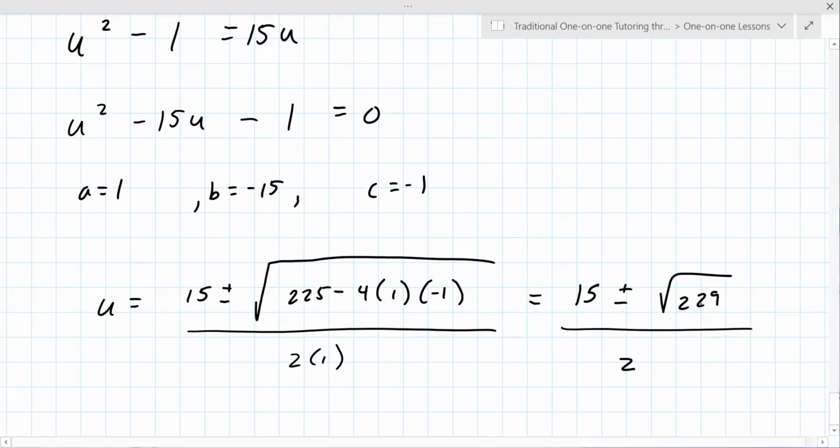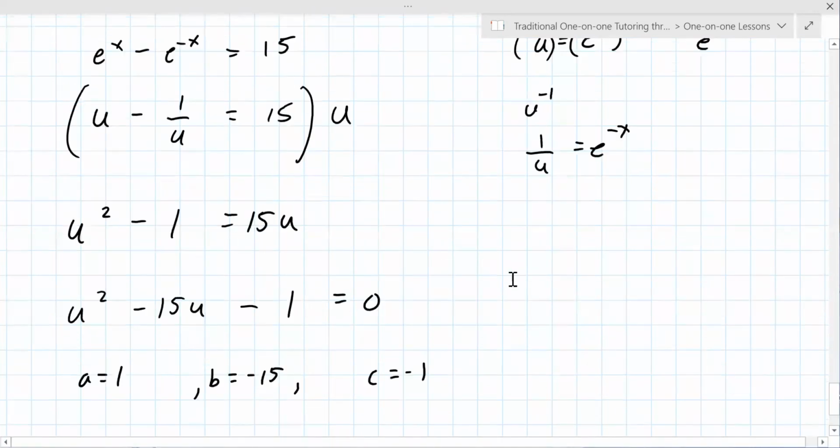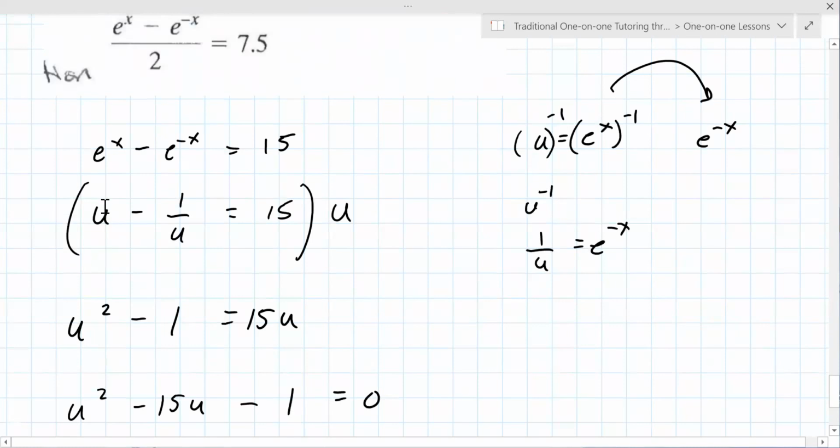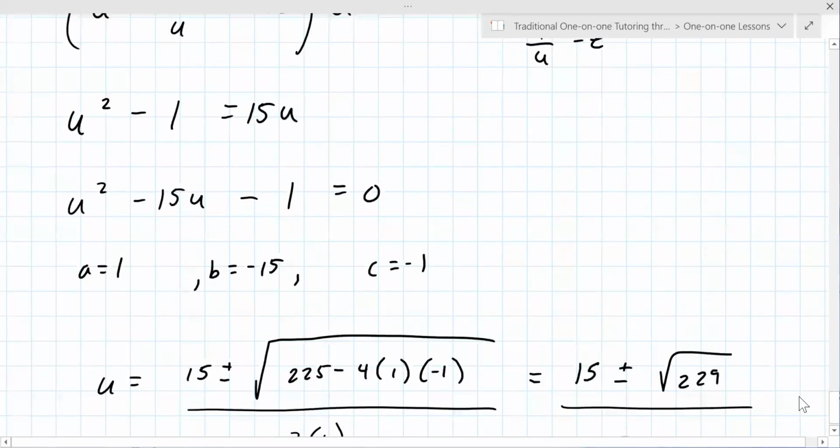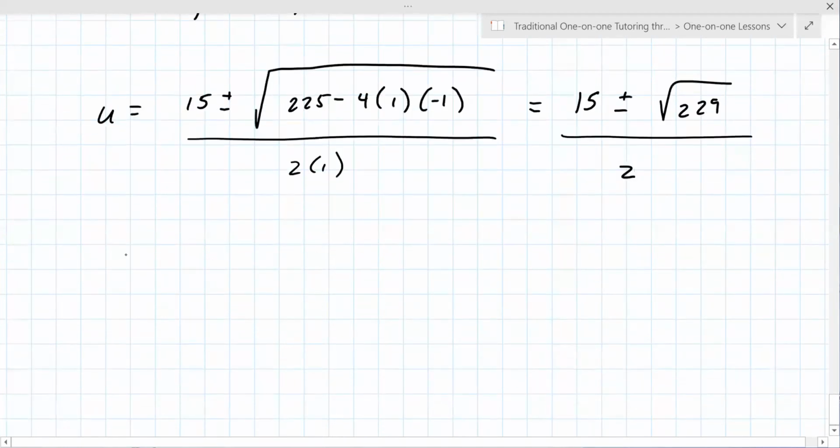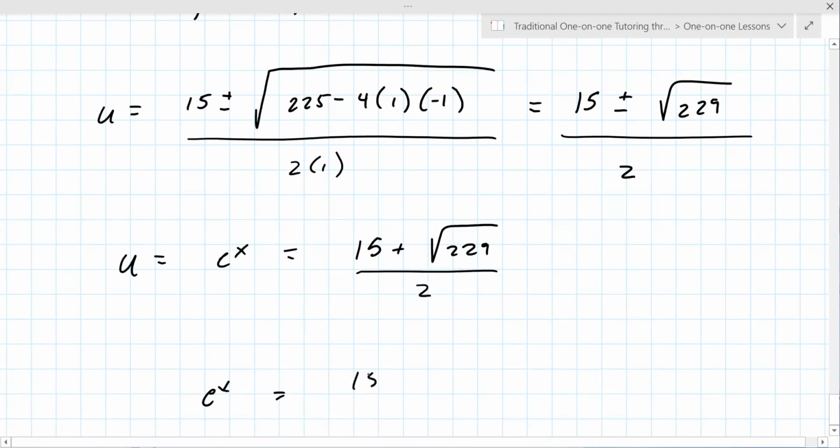You have to go back to what your u is. Your u was e to the x. So if u is equal to e to the x, then e to the x equals 15 plus the square root of 229 over 2, and then 15 minus the square root of 229 over 2.